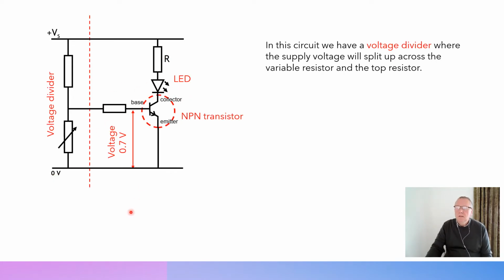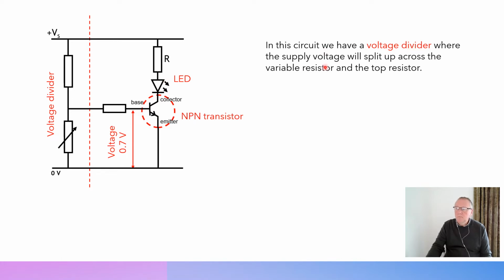So just to simplify the diagram a wee bit, this red dotted line is not an electrical connection anywhere at all. It's just to indicate what we're talking about. This first part of the circuit is the voltage divider, like we've been doing umpteen times. Here we have the input voltage to the transistor. I've just drawn the red dotted circle round about the transistor to indicate that, and then I've got the LED.